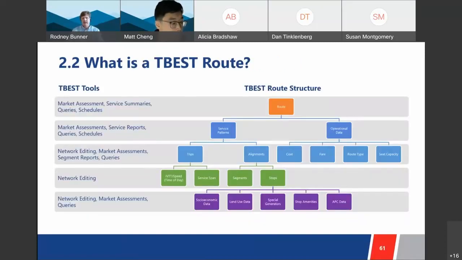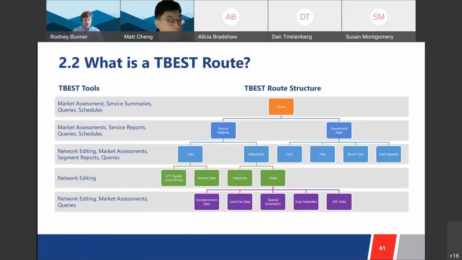So here is a route structure in TBEST, a hierarchy diagram of what makes up a route at different levels of structure. At the highest level, you have just the route itself. And on the left, you see that there are TBEST tools that you can interact with that would get you to different levels of either editing or reporting or querying for individual structure levels, right?